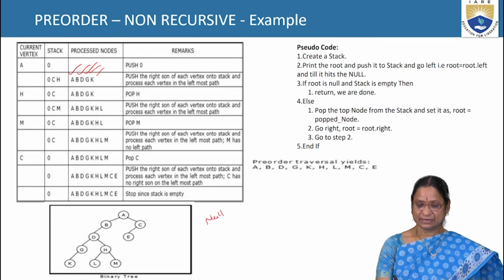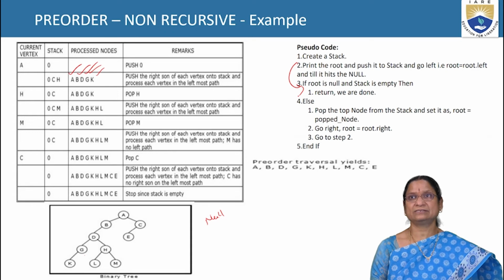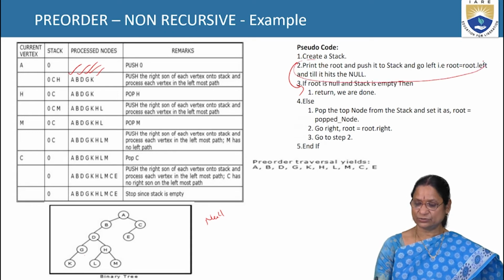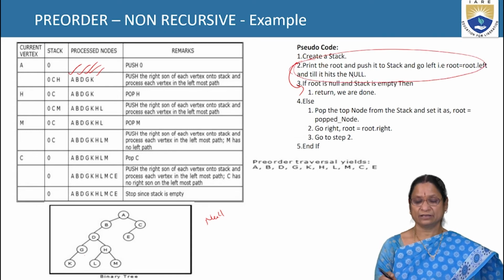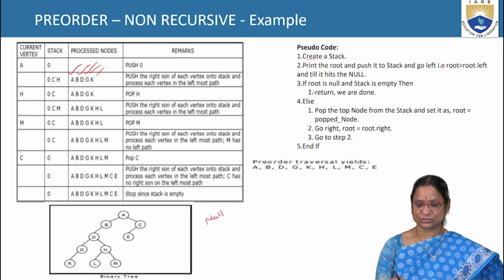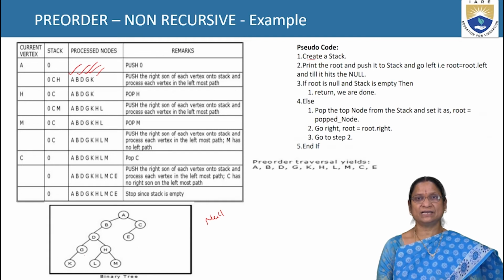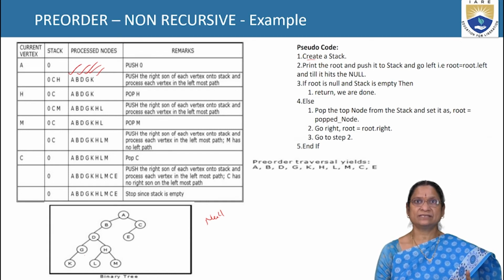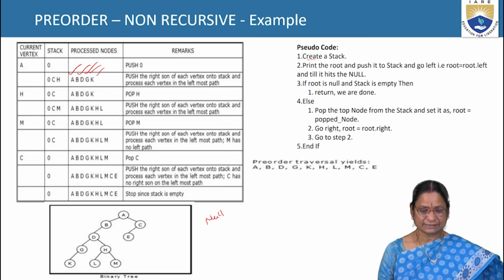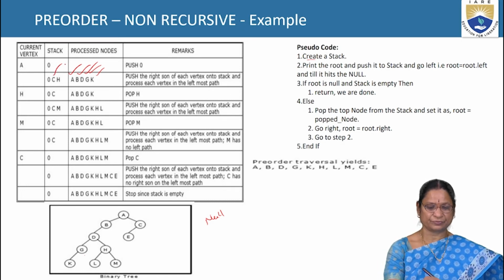If it comes null, it will go to the next statement, the third statement. Up to this point it is the second step only, we are printing and updating. So the third, stack is empty. Now we consider the pointer is empty. Every time we are checking the left child as well as the right child. If a right child is there, we are pushing. If the left child is there, we are printing it. So every time A has a right child, it is pushed.